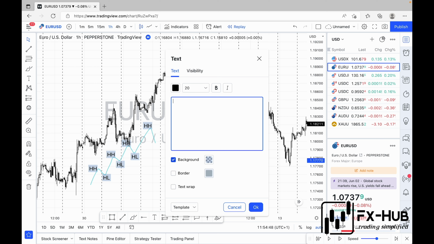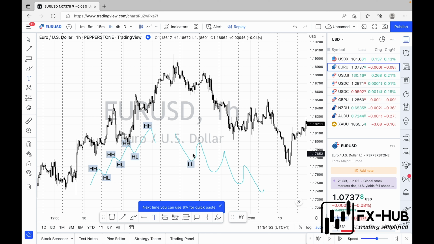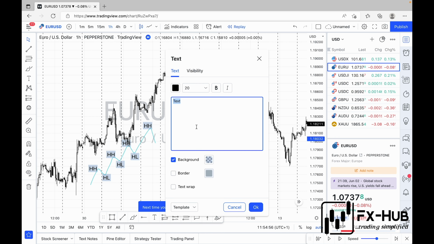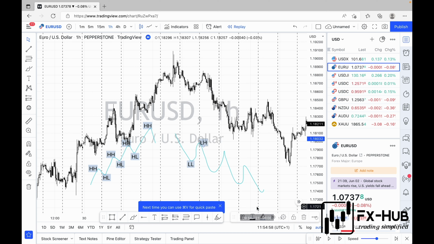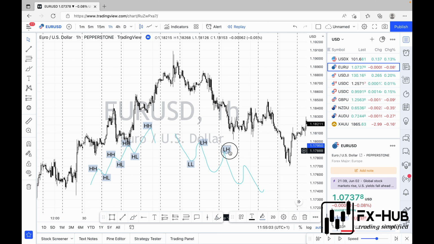You notice lower low and lower high. Let's clone this downwards, and do the same here.